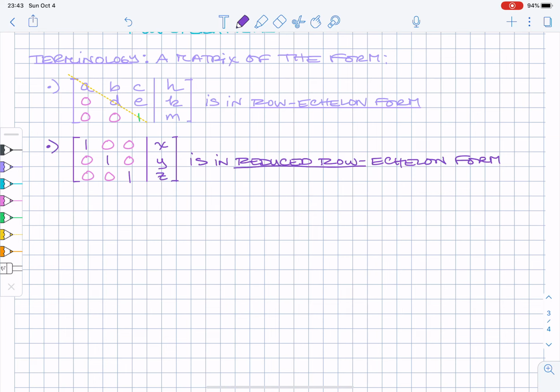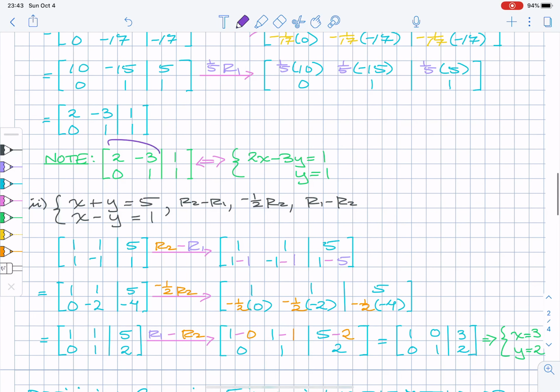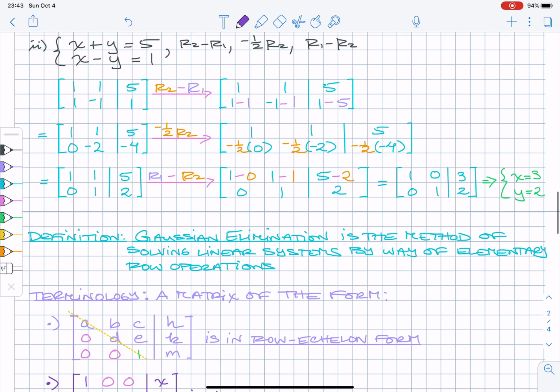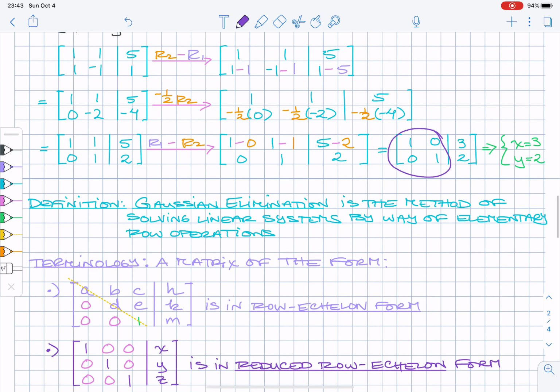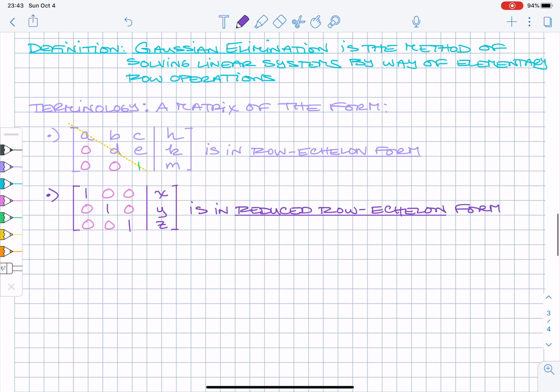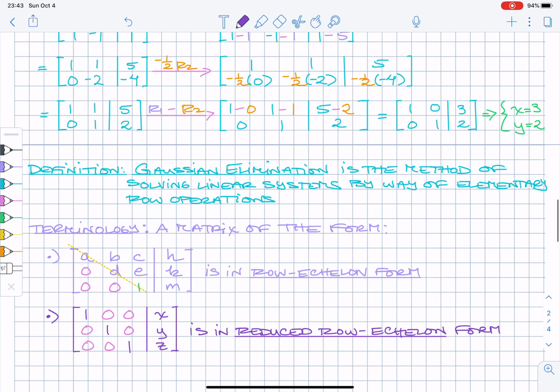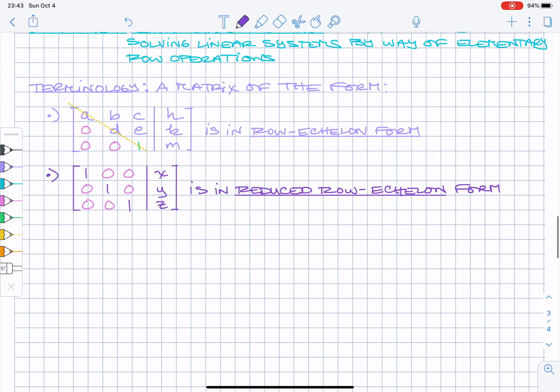Okay, so where have we seen both of these before? Notice that up here, this is row echelon form. We've got a 1 here and zeros beneath the diagonal. Whereas over here, we've got 1s along the main diagonal and zeros everywhere else. So let's note something about the reduced row echelon form. It solved the equation for us, right?